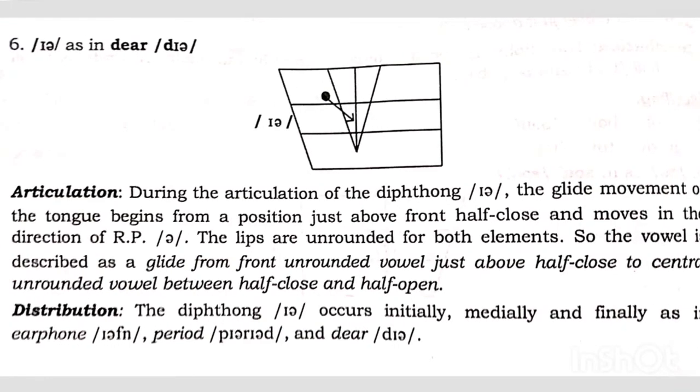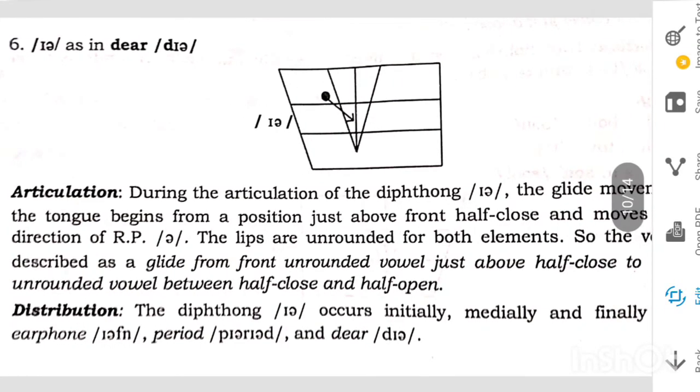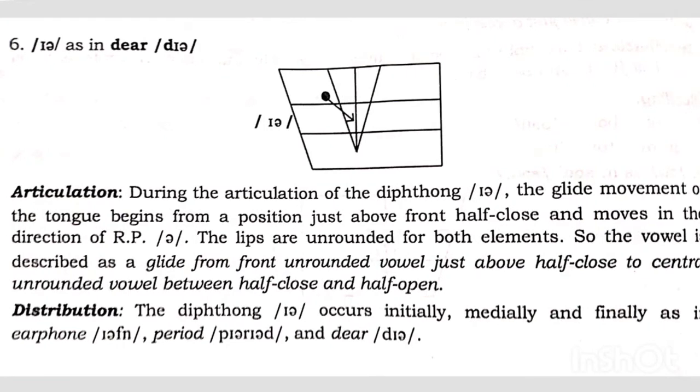The lips are unrounded for both elements. So the vowel is described as a glide from a front unrounded vowel just above half close to a central unrounded vowel between half close and half open.